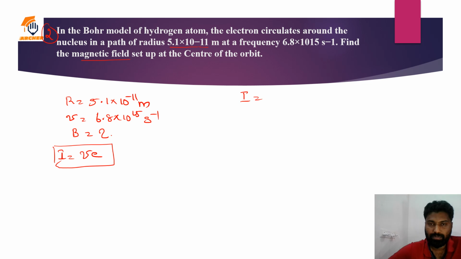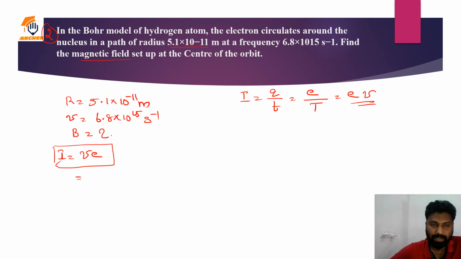Current is equal to charge by time. Here we take the charge as the electron charge and time as the time period. So e into 1 by time period, which is frequency. So I = eν.